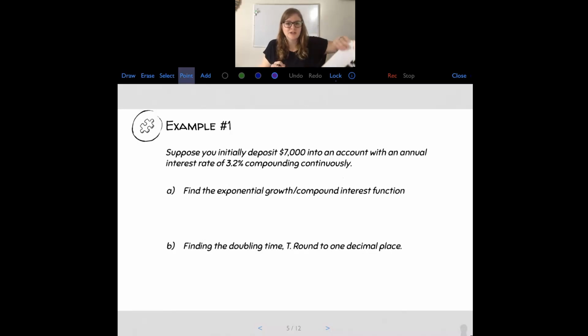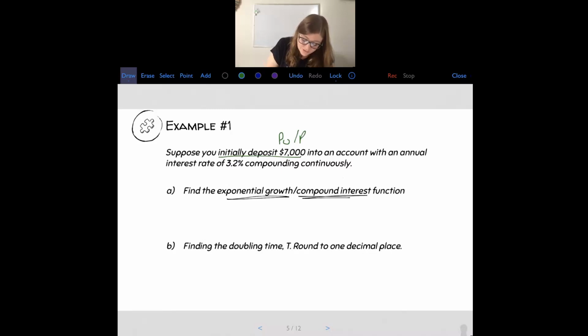Suppose you initially deposit $7,000 into an account with an annual interest rate of 3.2% compounding continuously. Find the exponential growth / compound interest function. So it's both here. It's exponential growth because it's continuing to grow, and it's also specifically related to compound interest. In our problem, we're initially depositing $7,000. So this is our starting amount, or P naught.